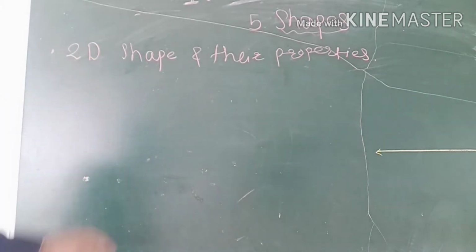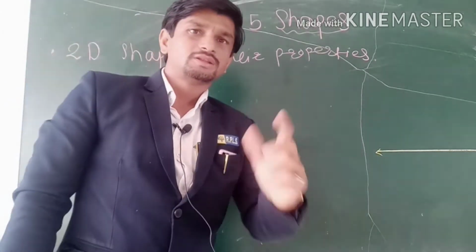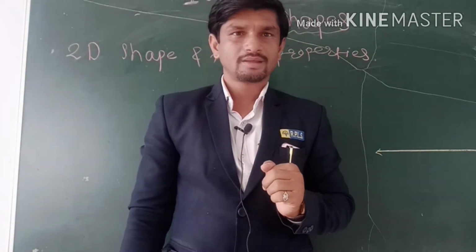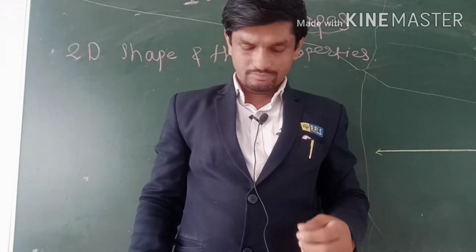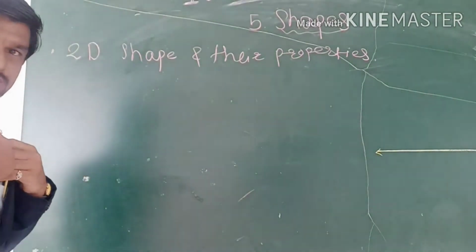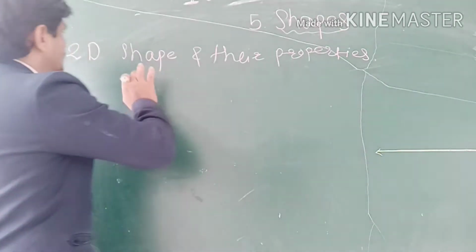D means two dimensional, like our film, 3D film and 2D film. Yes, same thing here. I would like to tell you what 2D shape means and what 3D shape means. All these things today we have to see in this chapter. First of all, we will see about 2D shape.